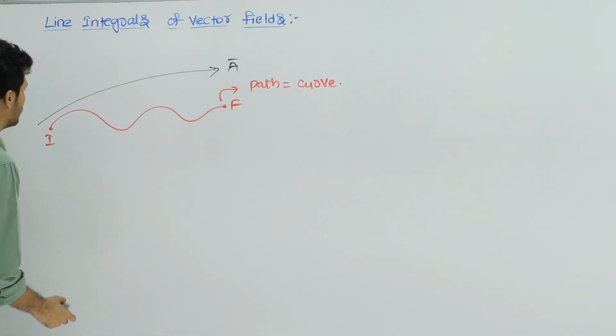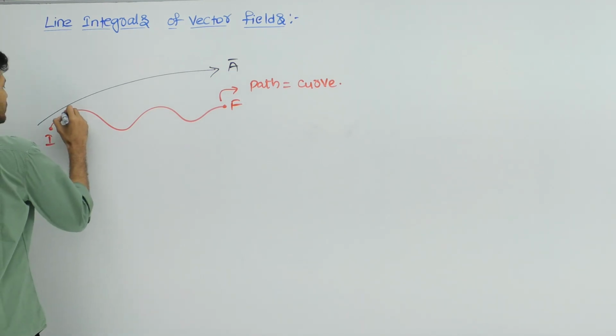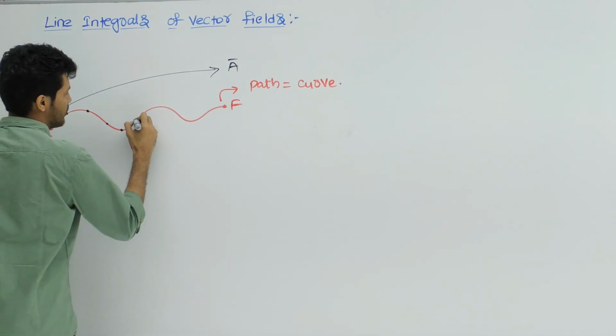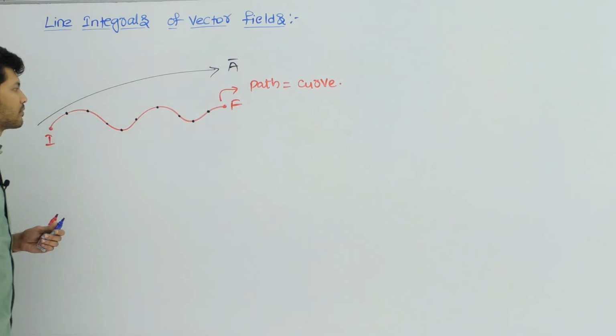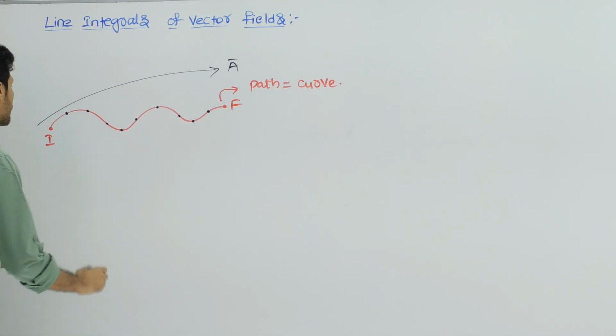Now I want to find out what is the line integral of A bar along this particular path, okay. And for that what we will do is, we will divide this particular path into smaller components, and let us say this is the first section, this is the second section, third, fourth, fifth, sixth, 7, 8, 9, let us say 10. We overall have divided this entire path into 10 parts, okay.